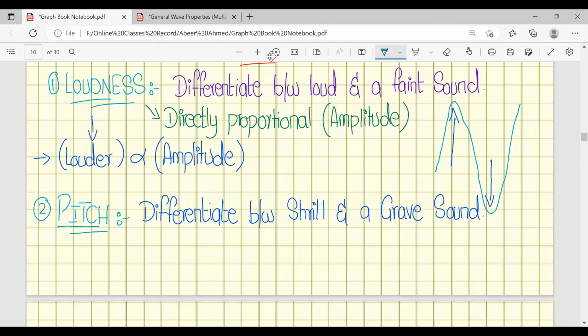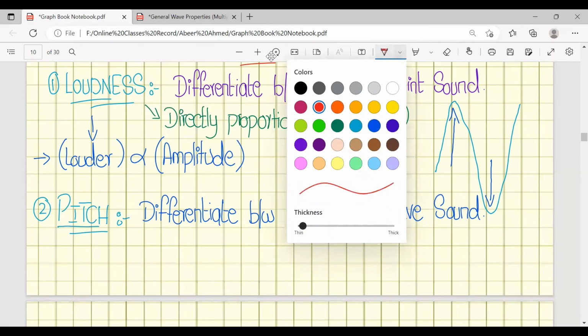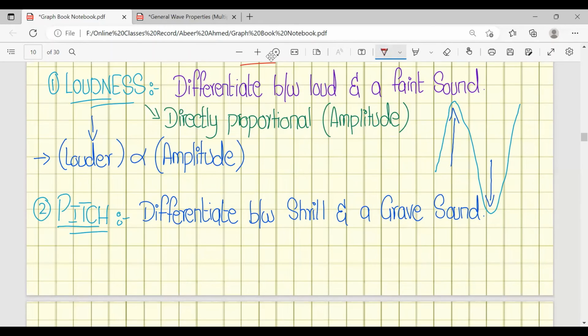If we want to identify which sound is going to be shrill, which factor is linked with the pitch of a sound? Is it frequency? Yes, it is frequency.